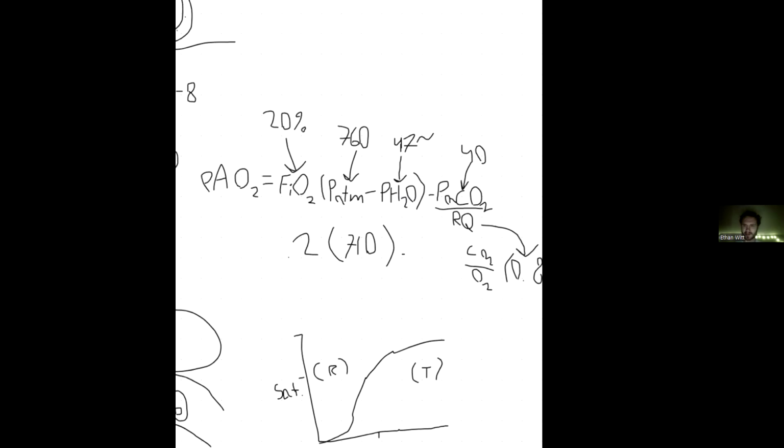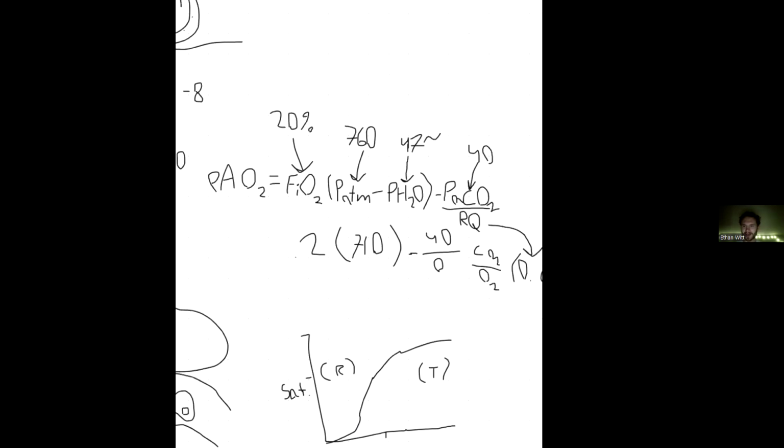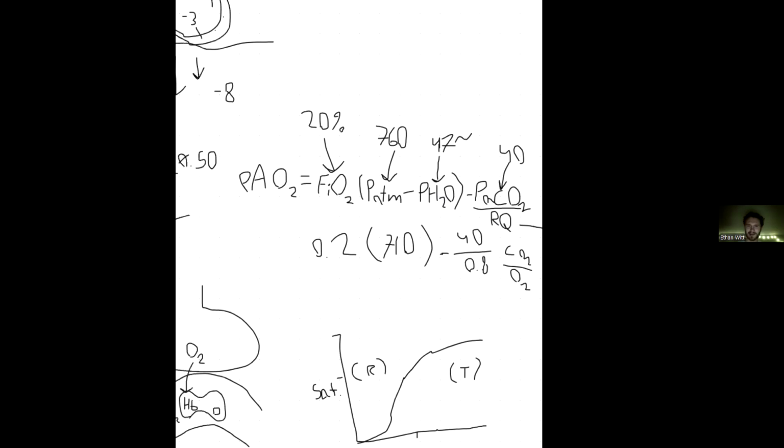I don't think there's a calculator tool on here, but for those of you at home who want to find out what your typical partial pressure of oxygen in your own alveoli is, if you're healthy, you can go ahead and pause the video right there. And spoiler alert, it's usually around 102.